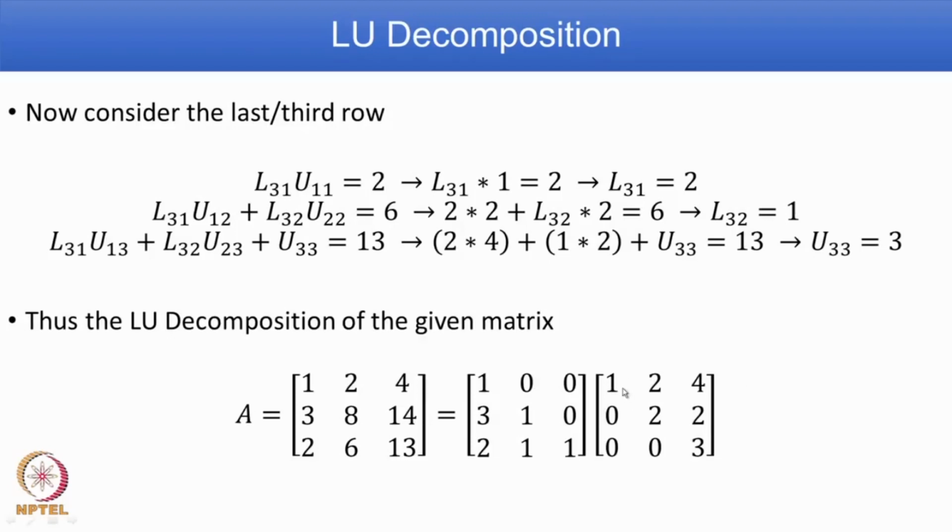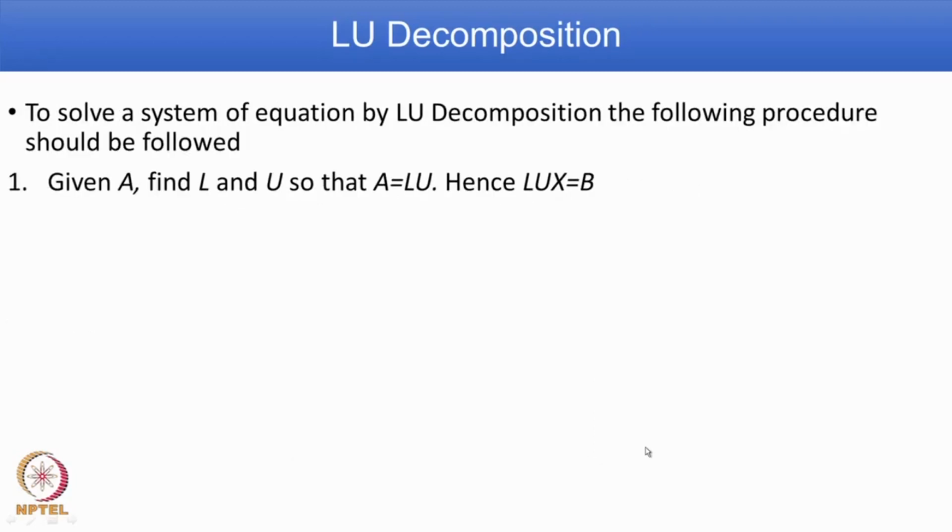Similarly, in the U matrix, you have values along the diagonal, and the upper part again has some values, but the lower part has 0 value. Now, once you find the LU decomposition of the given matrix, we have to find the column vector x, y, z. So, to solve the system by LU decomposition, we need to follow the procedure given below.